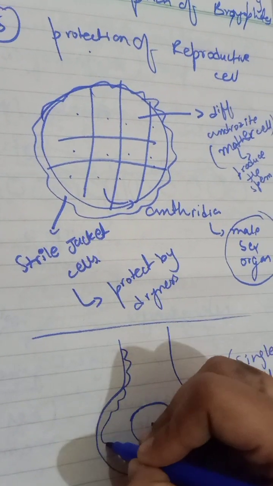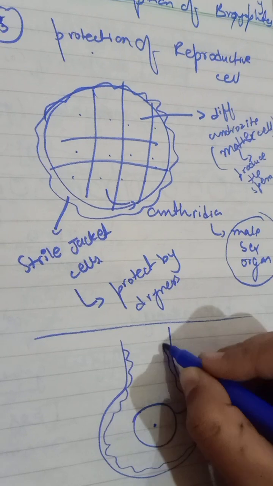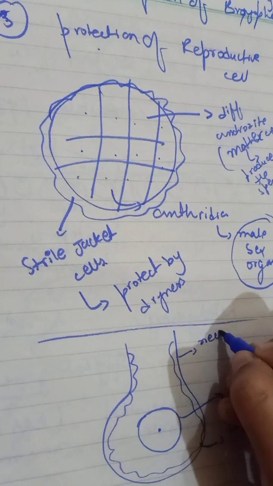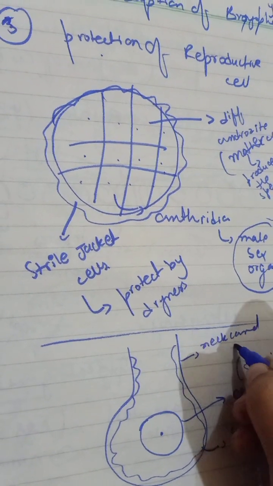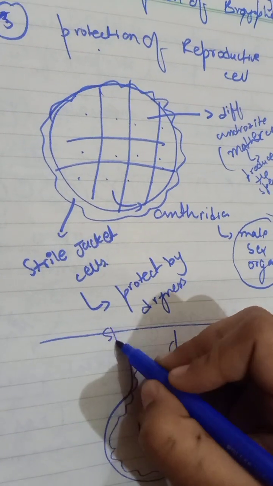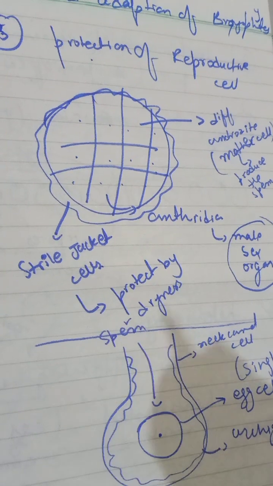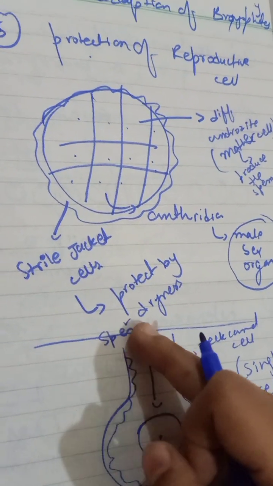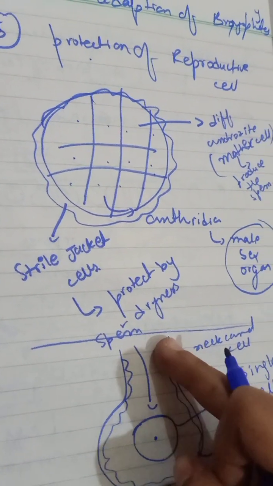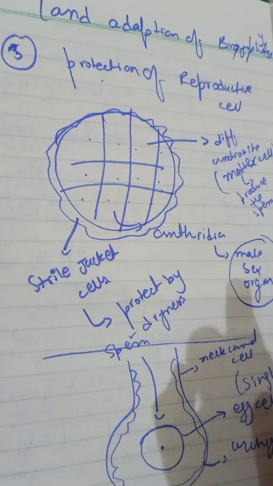At the inner side we have a neck canal cell. From here the sperm come and fuse with the egg cell for fertilization. When sperm move for fertilization, the neck cell disintegrates.